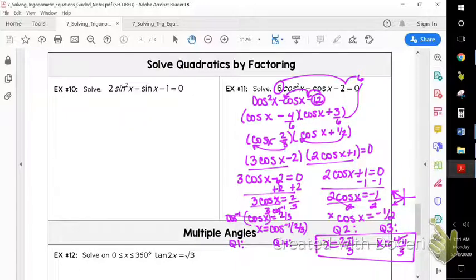Sorry, my computer's making a funny noise there. Since everything else has been in radians, let's keep this in radians. So in your calculator, in radian mode, type inverse cosine of 2/3. And it should tell you 0.841.